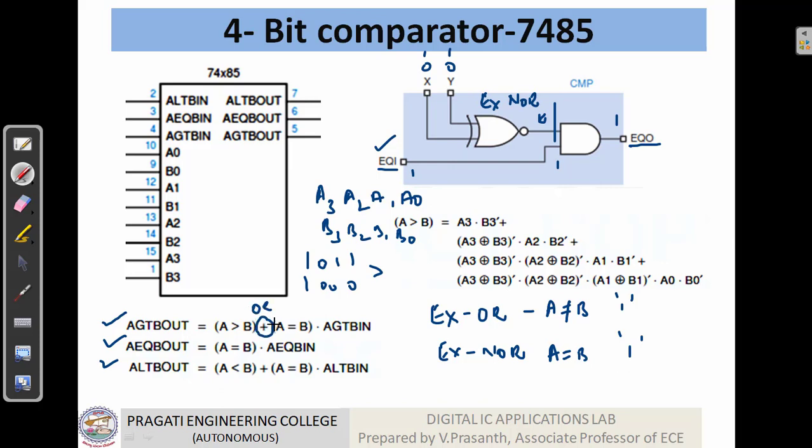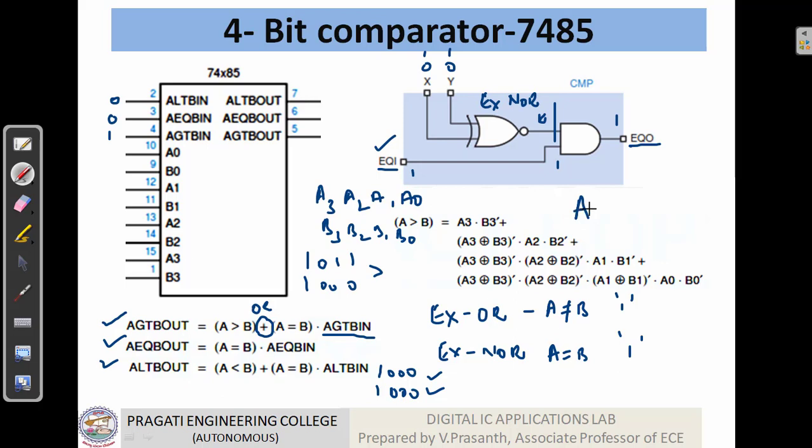Or A equal to B, say 1 0 0 0 and 1 0 0 0. These two are equal, A equal to B, and the A greater than B control input should be active. This one should be active and the remaining 2 should be 0. So either if A greater than B is there, it should be active, or if A equal to B and the control input A greater than B is high.